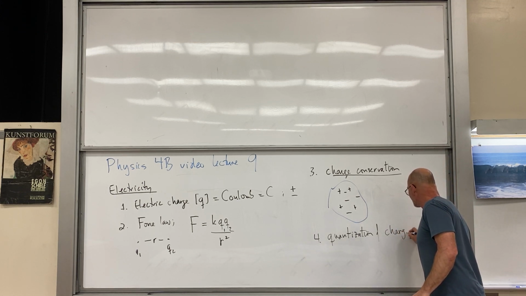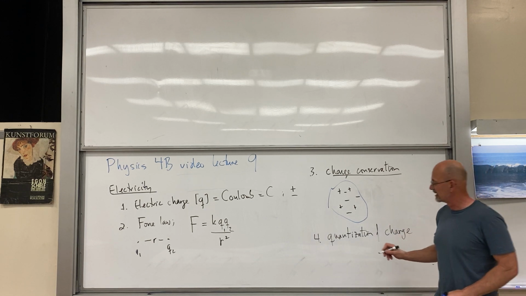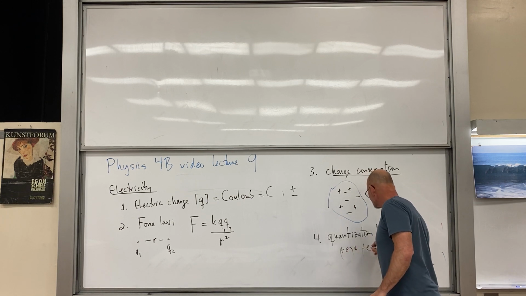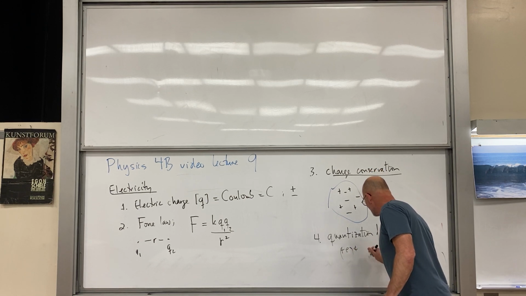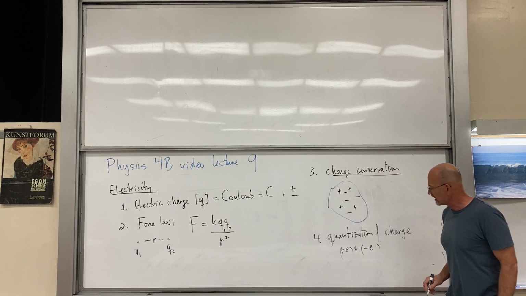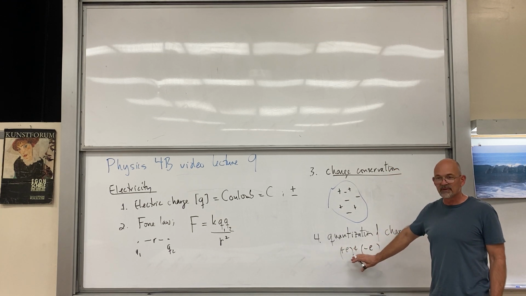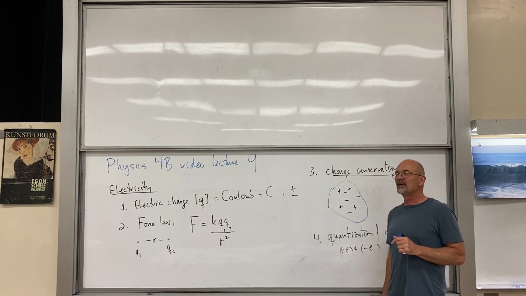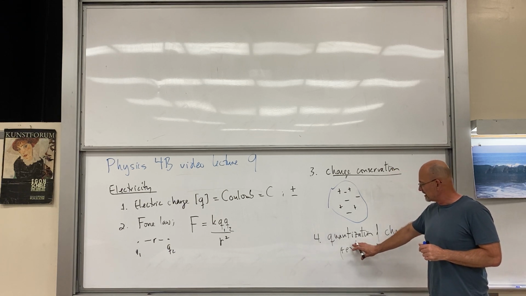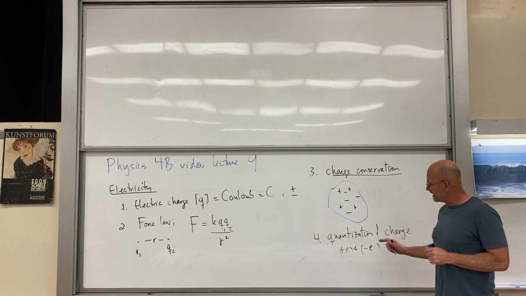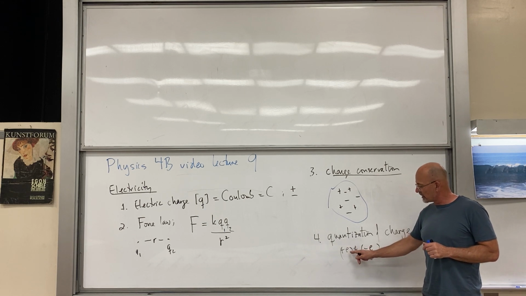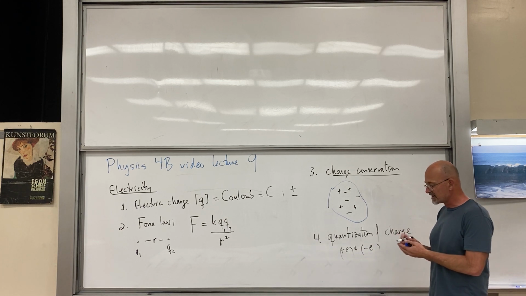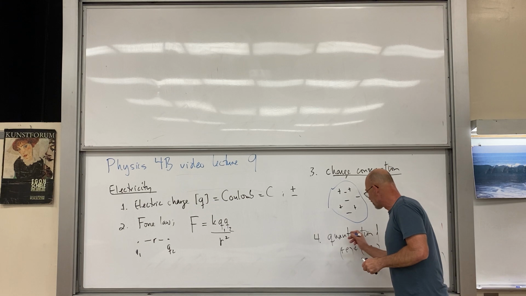From the standpoint of this class, that's what we have: plus e and negative e, positive electron charge, negative electron charge. But from the more fundamental theory, there are actually fractions of charge, but they never appear. So the charges that appear are always plus and minus the electron charge. So we're going to stick with that as the quantization of charge.